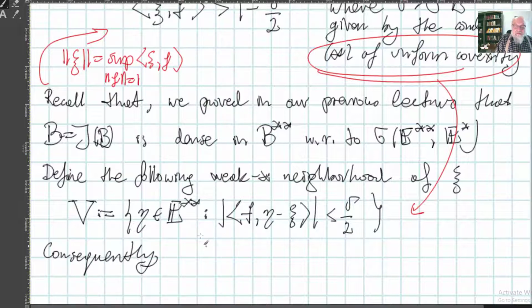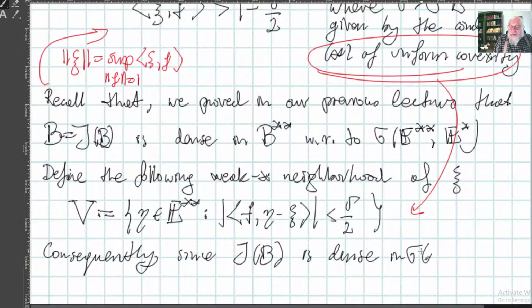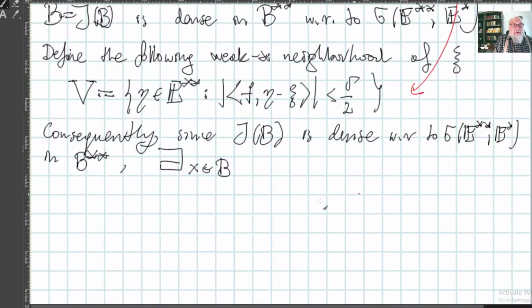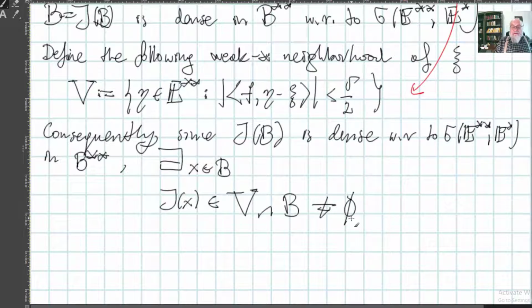Consequently, since J of B is dense with respect to the weak star topology sigma of E double star, E star in B double star, there exists an element x belonging to B satisfying the property that Jx belongs exactly to V. So that means this set must be non-empty, such an element exists.